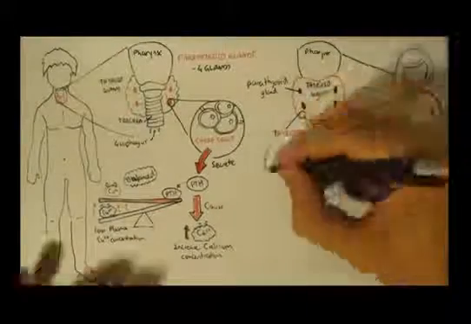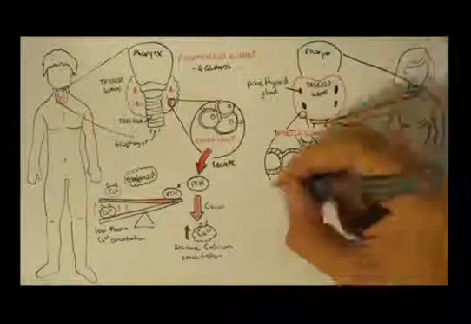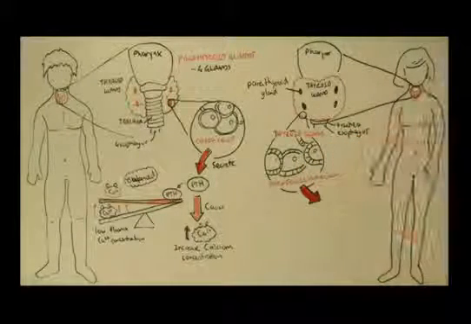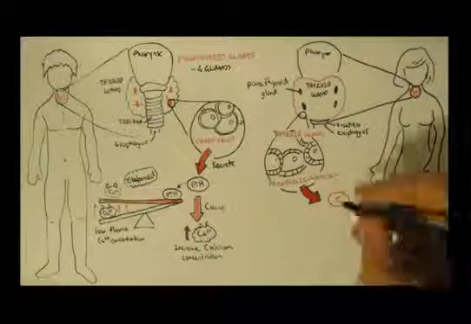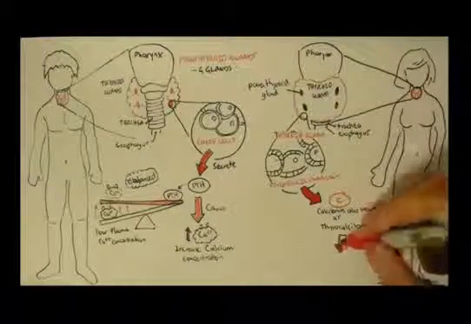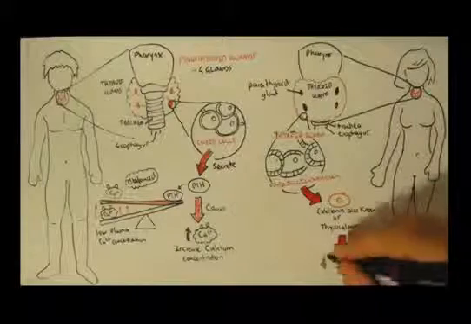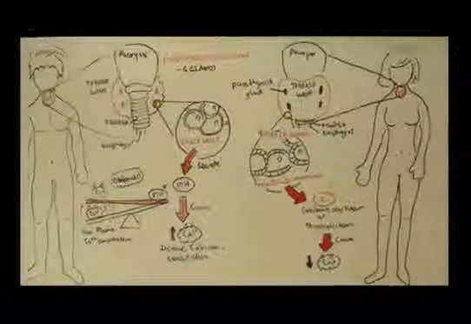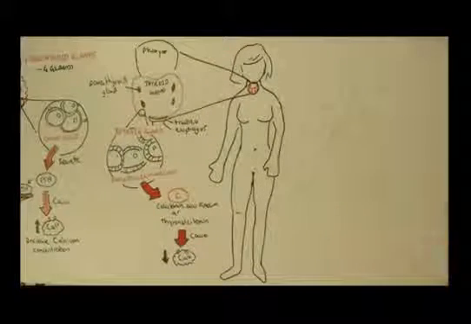Calcitonin is produced and secreted by the parafollicular cells of the thyroid gland. Calcitonin is also referred to sometimes as thyrocalcitonin, but let's just keep it simple and call it calcitonin. Now the body senses high calcium concentrations in the plasma, and so the thyroid gland secretes calcitonin, which helps lower concentrations of calcium in the body.